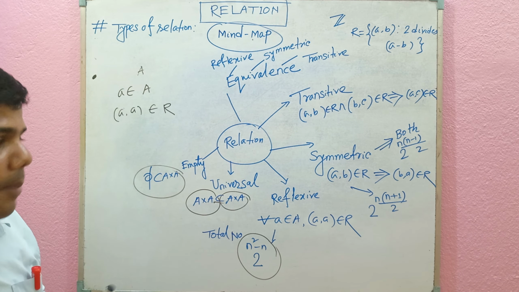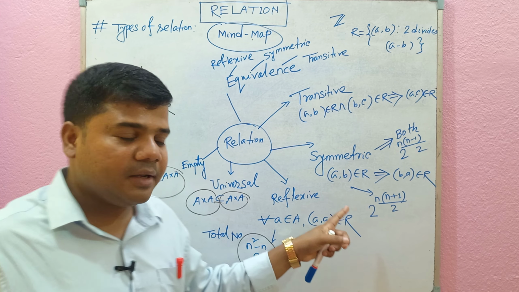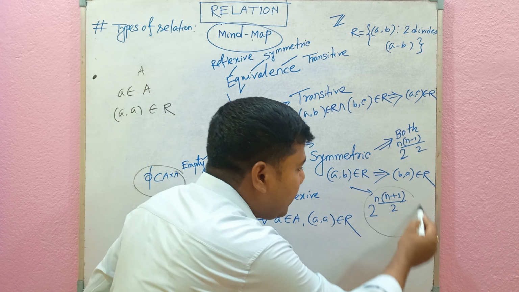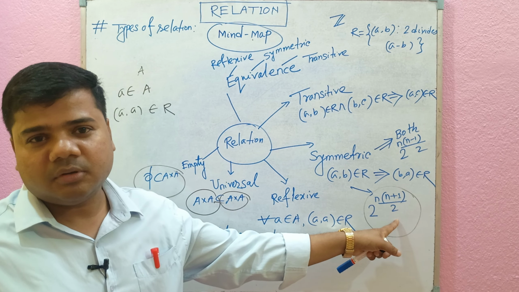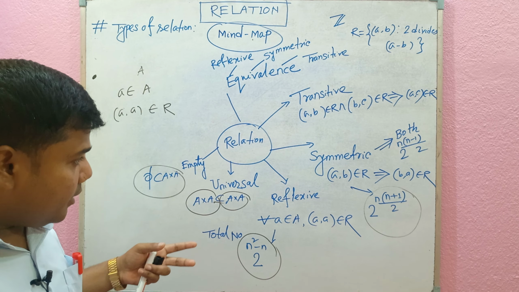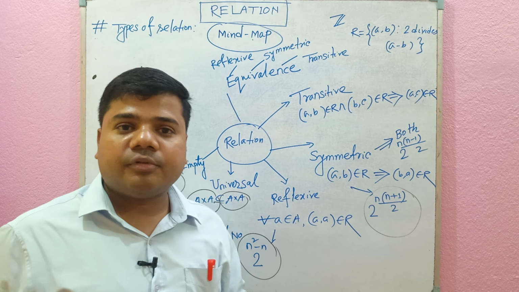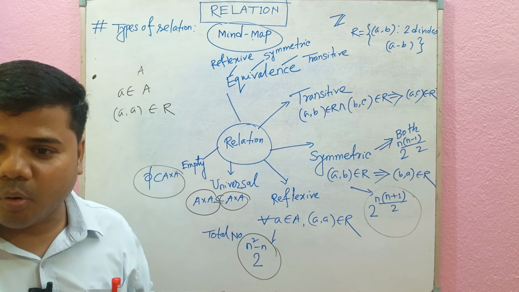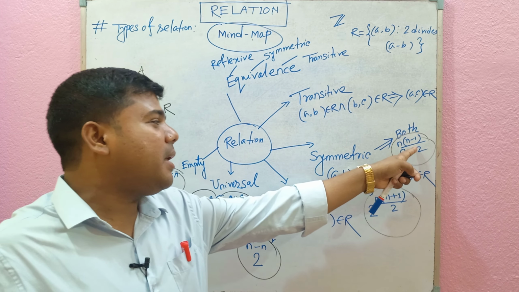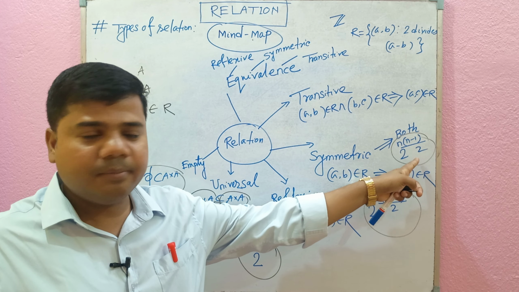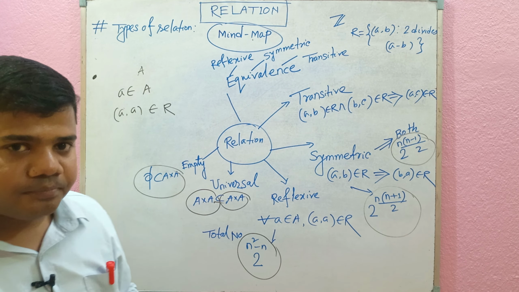The total number of symmetric relations is 2 to the power n(n+1)/2. The total number of relations that are both reflexive and symmetric is 2 to the power n(n-1)/2.